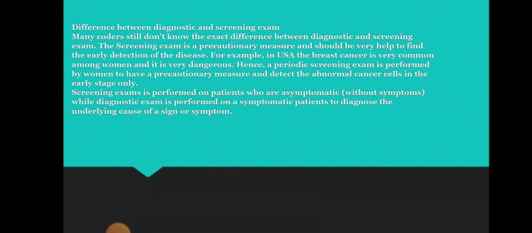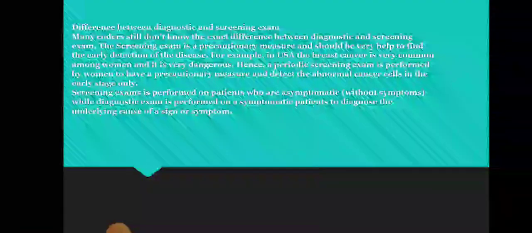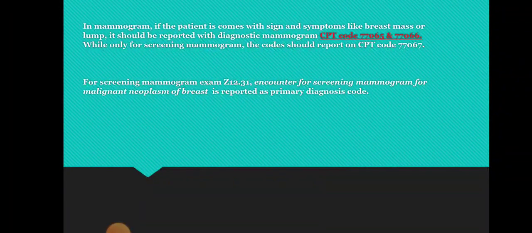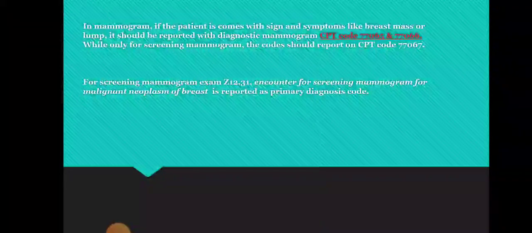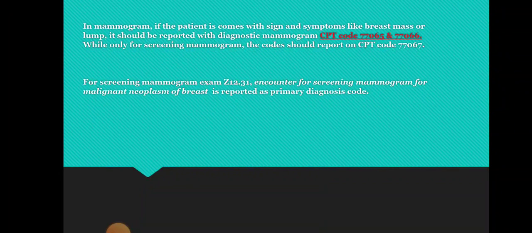Now let us check out what CPT codes are used for coding diagnostic and screening mammogram. In a mammogram, if the patient comes with signs and symptoms like a breast mass or lump, it should be reported as a diagnostic mammogram with CPT code 77065 or 77066. 77065 is for unilateral and 77066 is for bilateral.